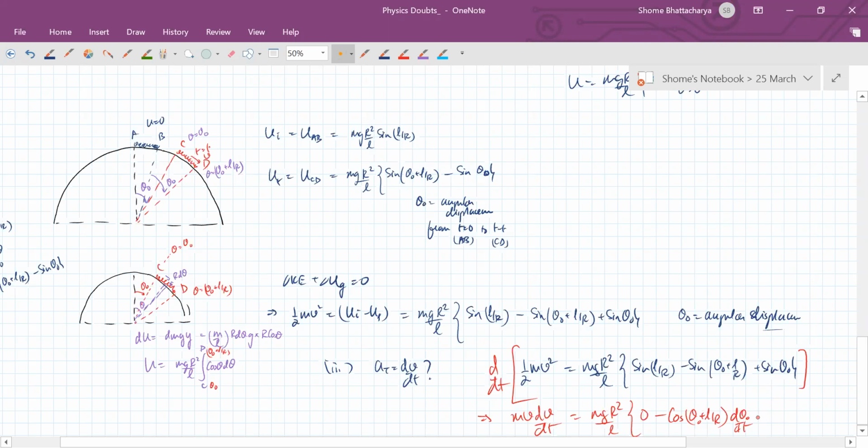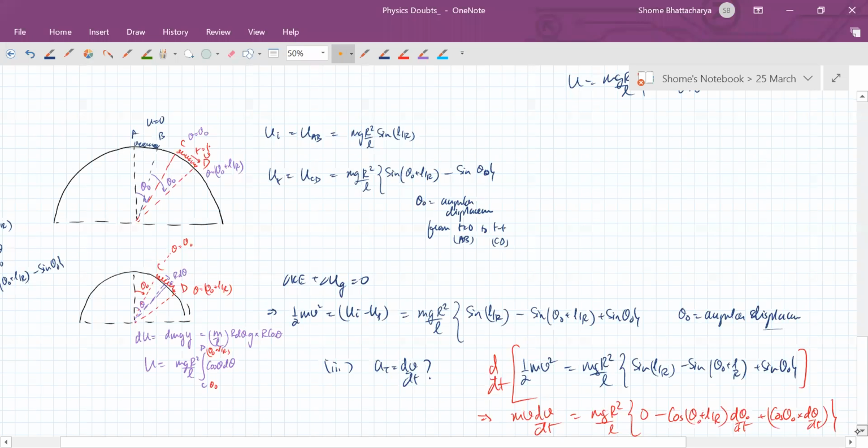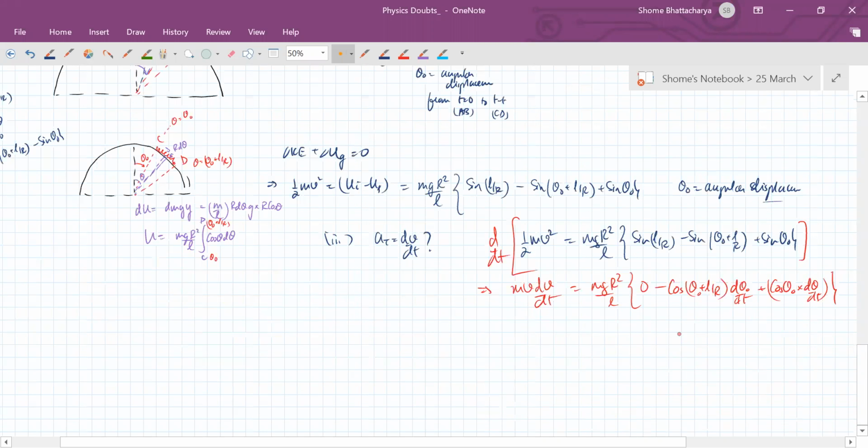And this term's differentiation will become cos theta naught into d theta by dt again. You get this kind of term. Now in this, remember d theta by dt is the angular speed, which is v by r. So mv dv by dt is mg r square by L. Now we can take d theta by dt common, and that will become v by r.